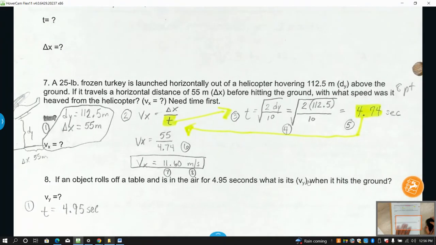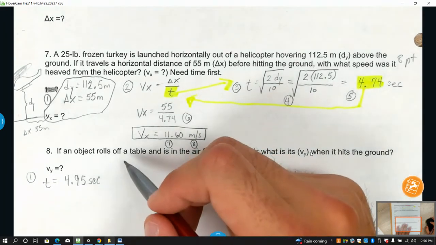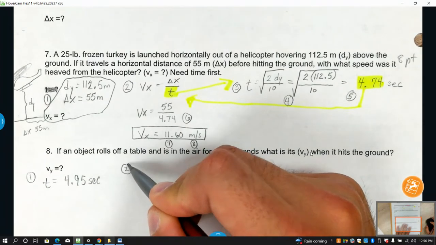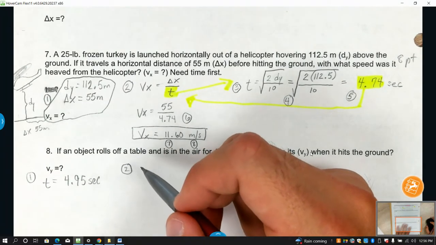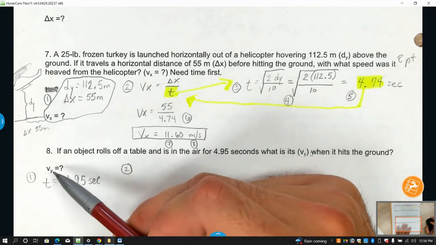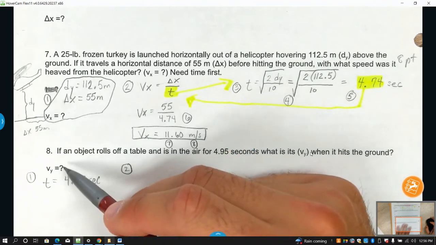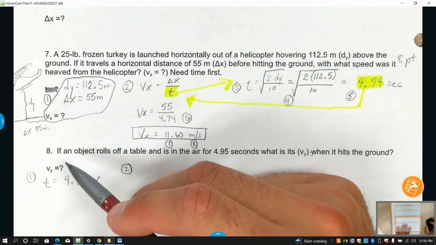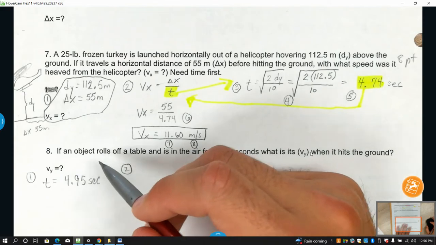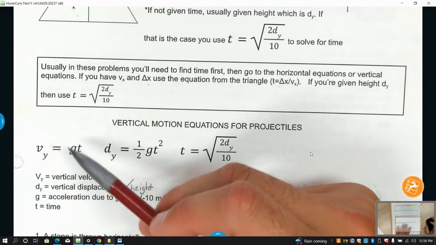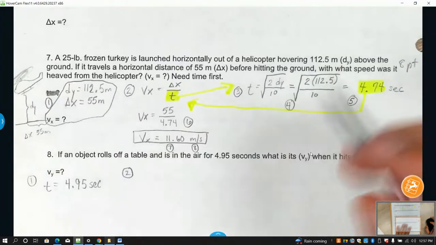And I wrote down that I'm looking for Vy. So your next step would be to do what? Write the equation for what? The question mark. So for the equation for that question mark, you go to the front side so you can see your list of equations. Vy, when there is no initial velocity, because it's dropped or just launched horizontally, is just g times t.